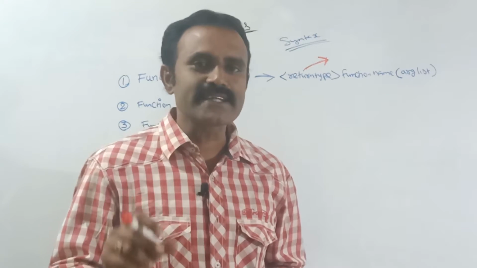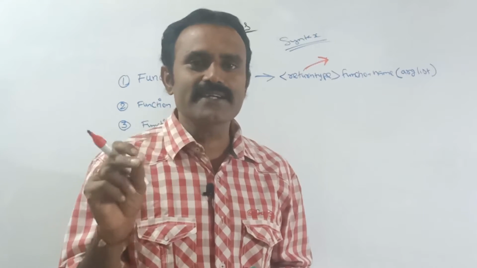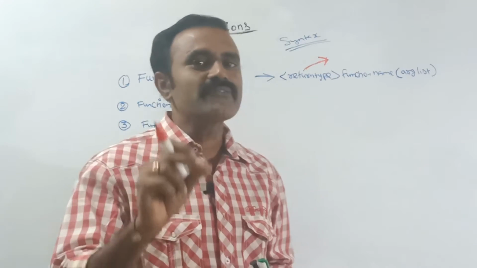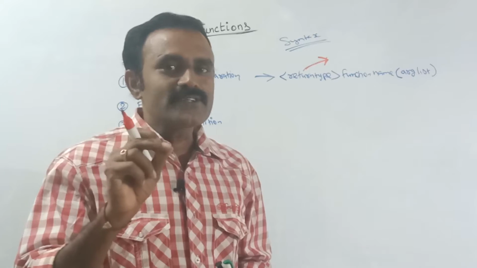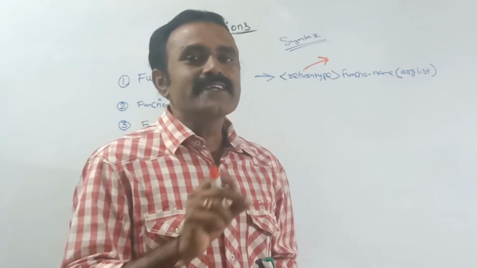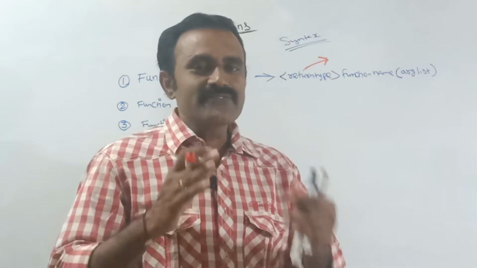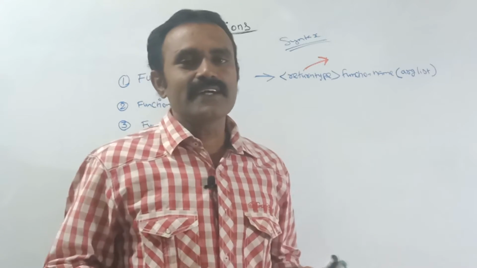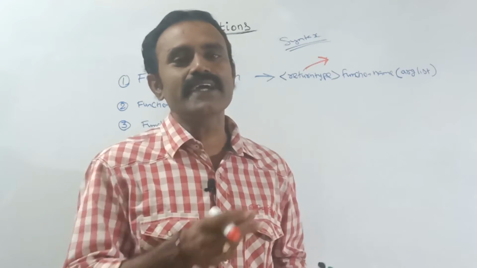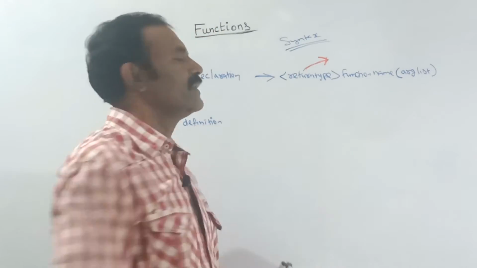After passing the string, it counts the letters inside the string and returns the total number of characters. So it returns an integer value. Depending upon the returning data type, we declare the data type here.